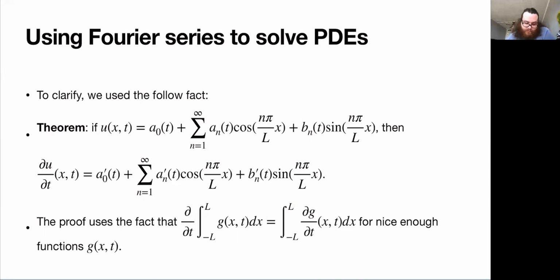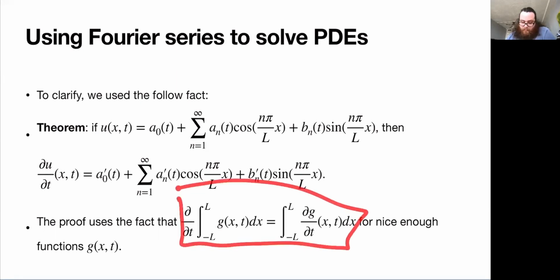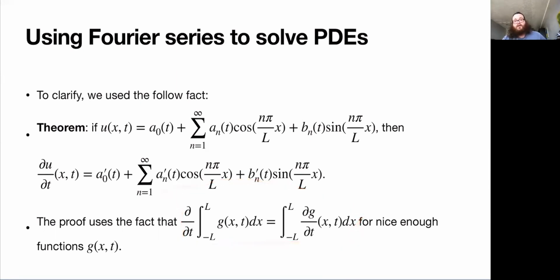You may recognize this property, since we used it when we were setting up some of these conservation laws and deriving the heat equation. So it's not necessarily something new, but it does appear explicitly here when we're trying to get these coefficients.